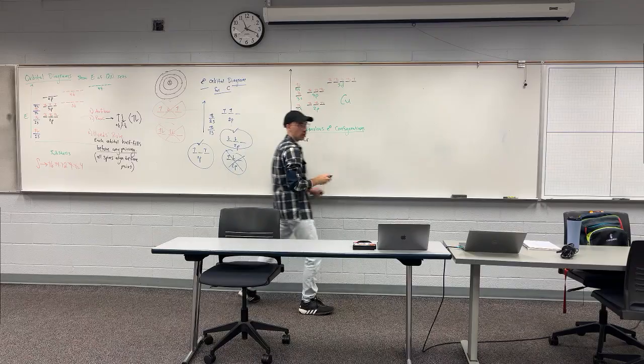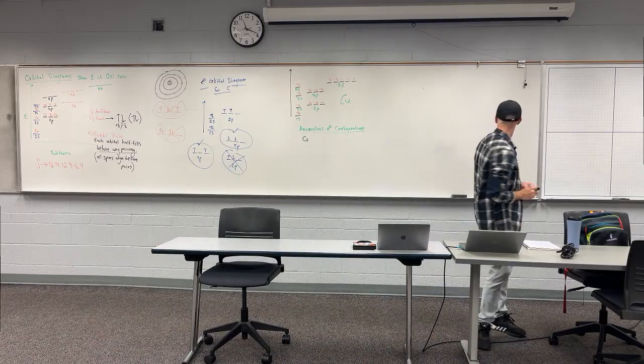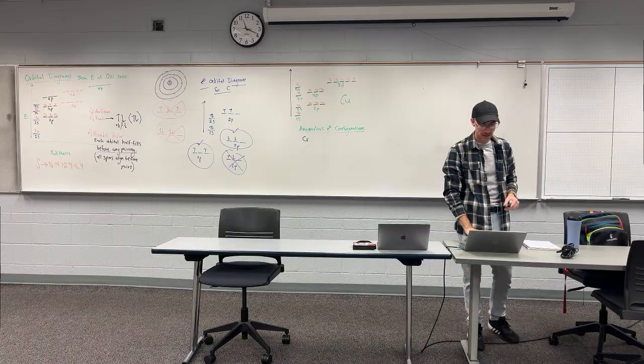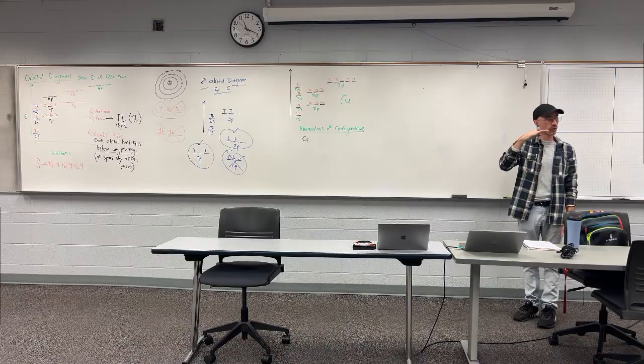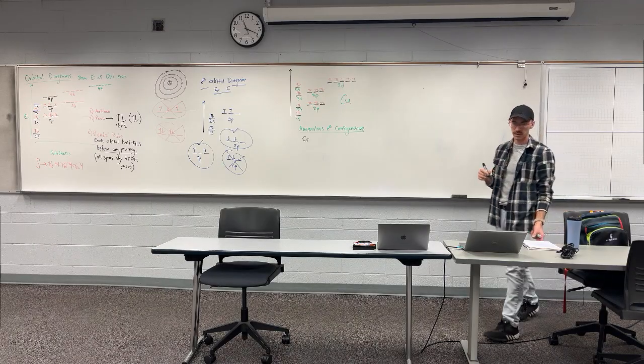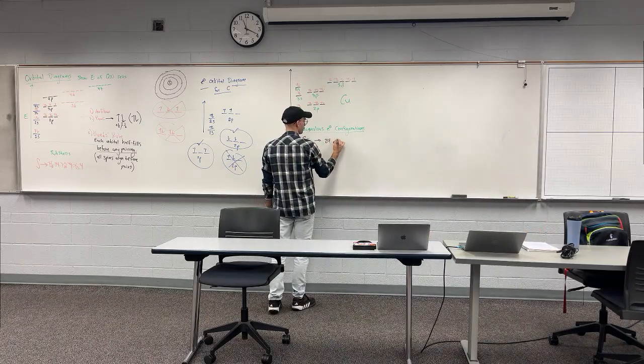When we look at chromium, and I shouldn't have turned off my periodic table, but chromium is in 3D, so it's in the fourth row, but it's occupying 3D electrons. Chromium has these 24 electrons.